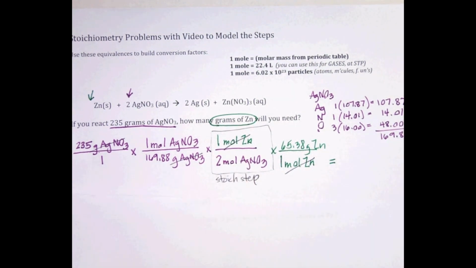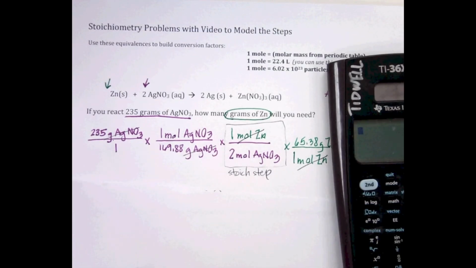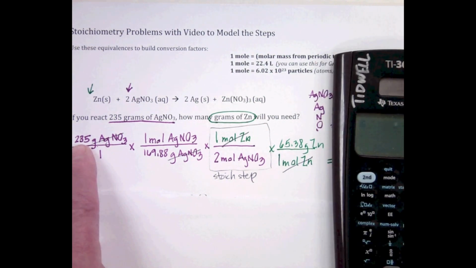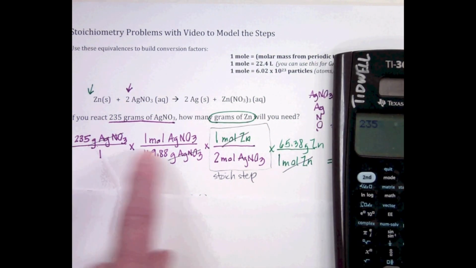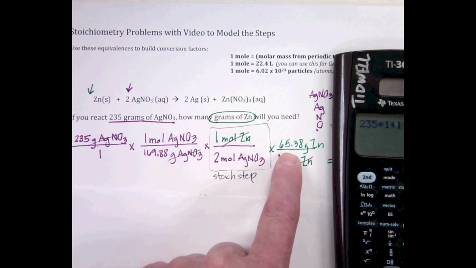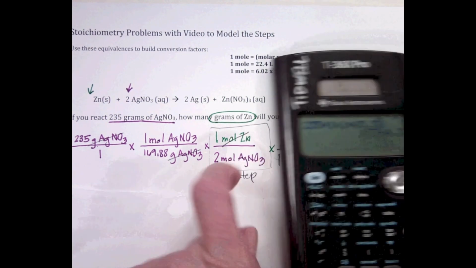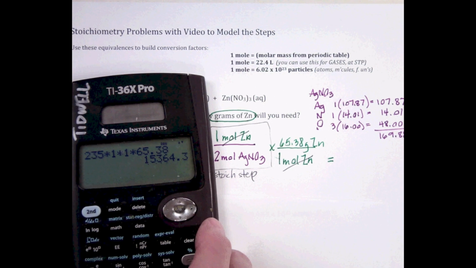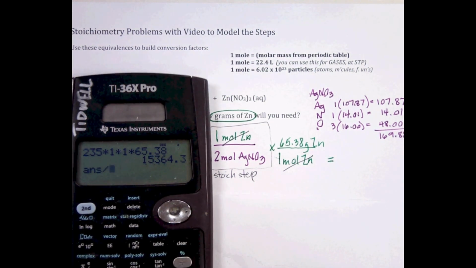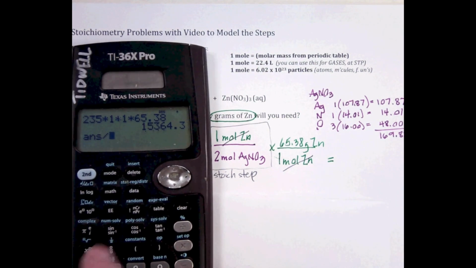So now it's time to grab my calculator, and the way we do these problems is we work straight across the numerator, simply typing in 235 times 1 times 1 times 65.38, and then you hit equal. This is my numerator, and now I'm going to divide by the denominator, and I always wrap the whole thing in parentheses.